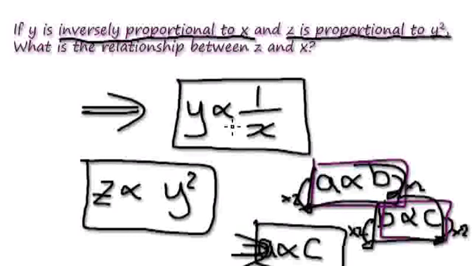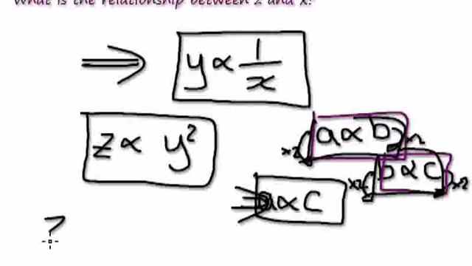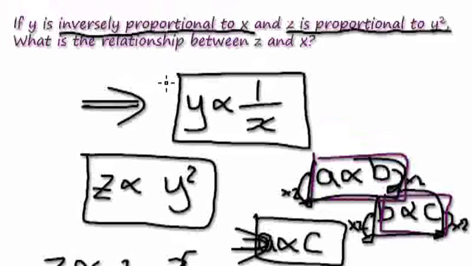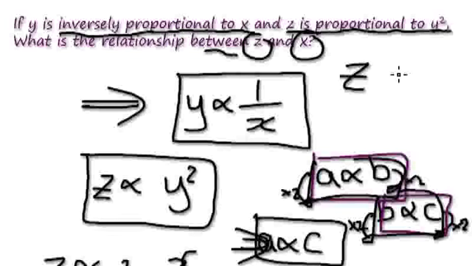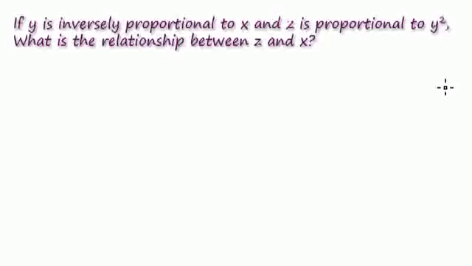Somehow we've got to connect the two statements to get it in the form of z is proportional to whatever involving x, because the question is saying find the relationship between z and x. So we want z equals a constant involving k. There's a connection between z and x. Let's start again here.